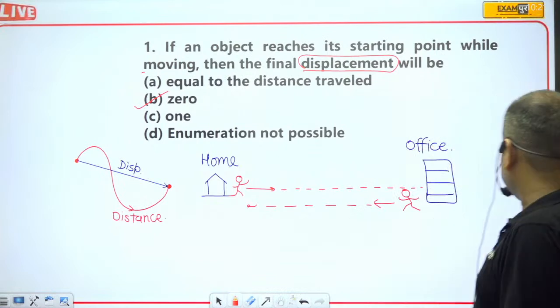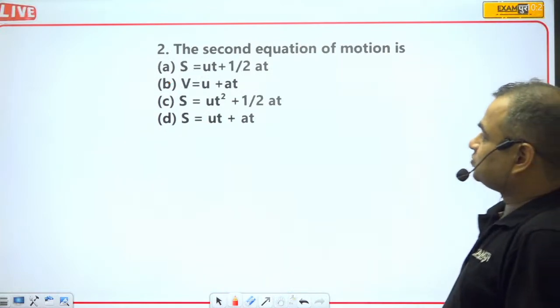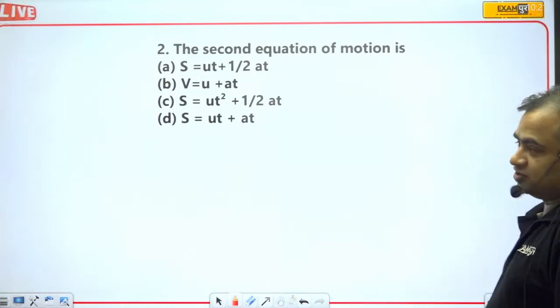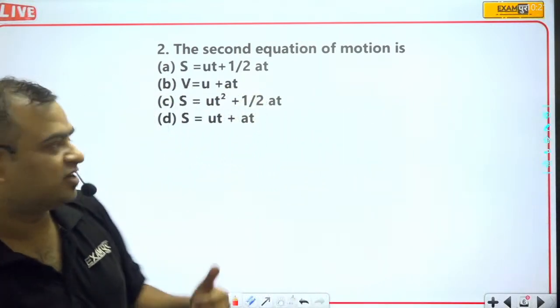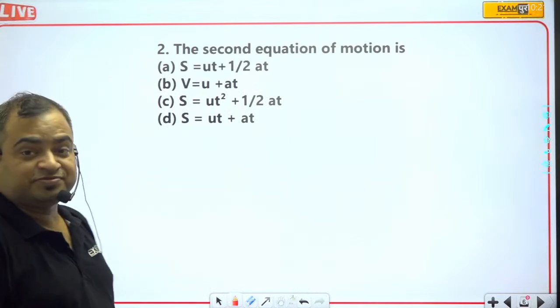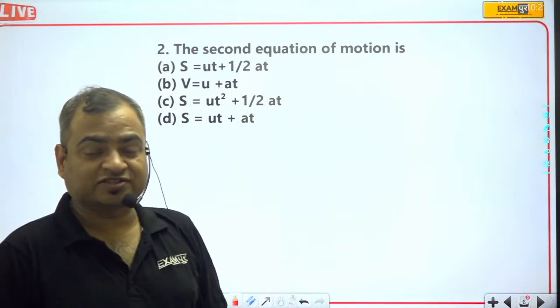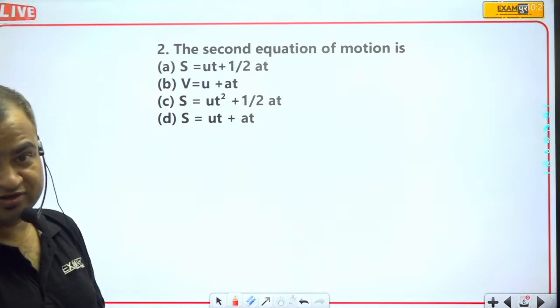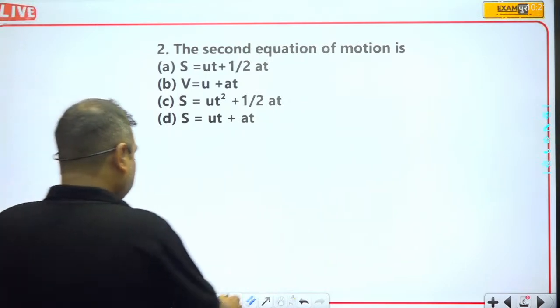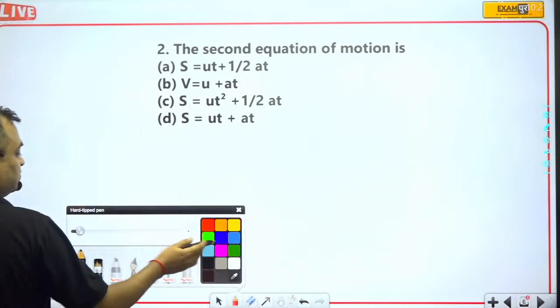So the second equation of motion. In this question, only the second equation of motion has been asked, but I will ask you all the equations of motion.